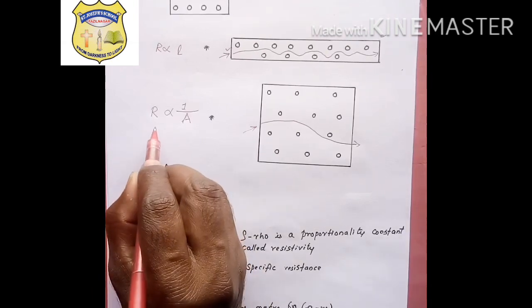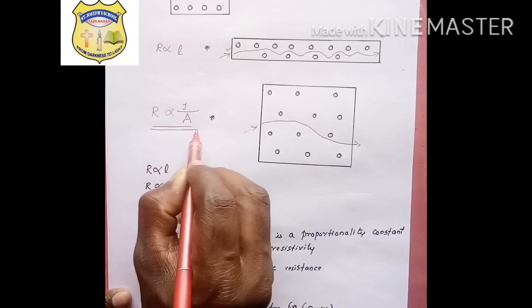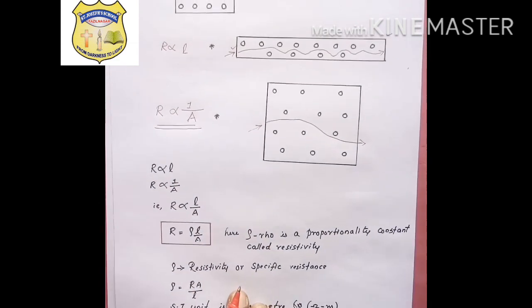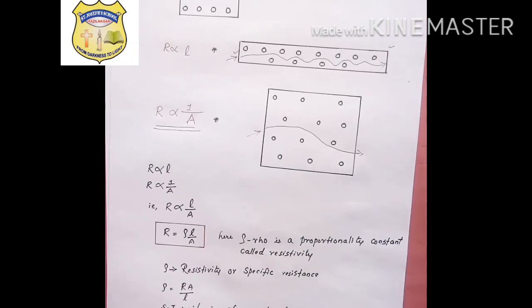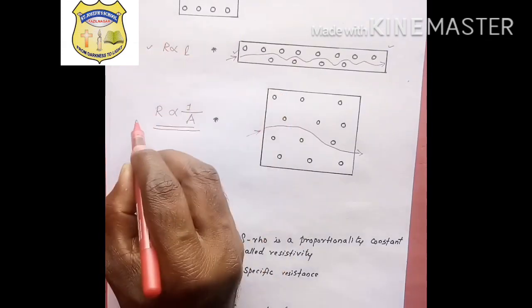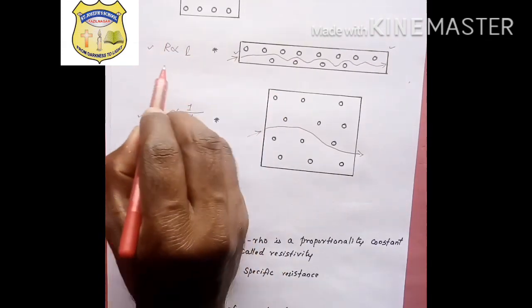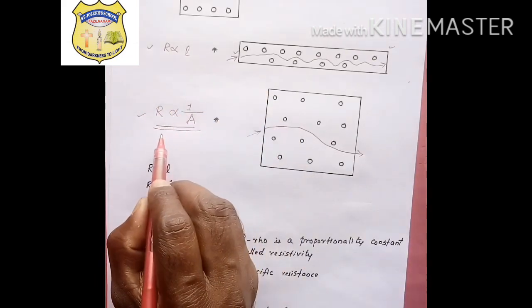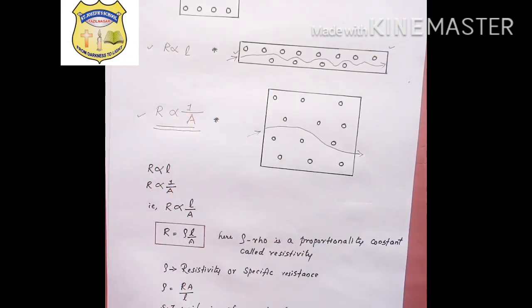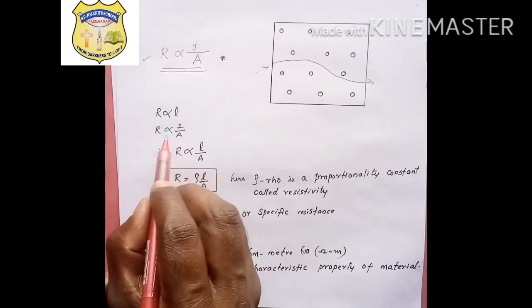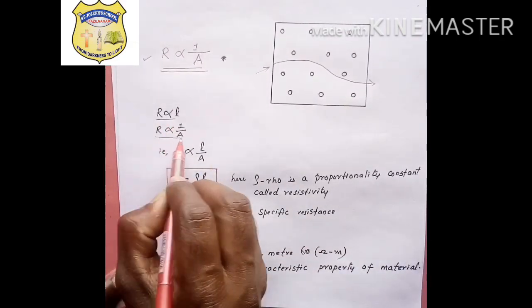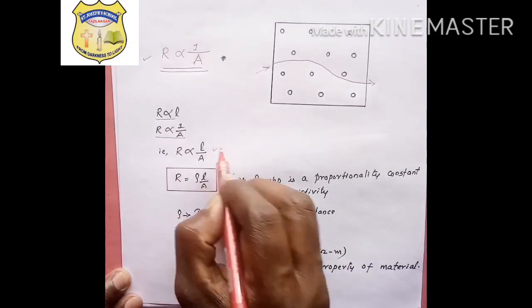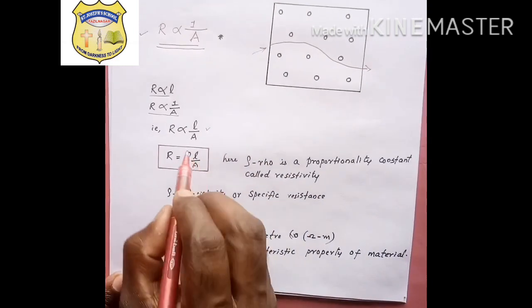Therefore resistance is inversely proportional to area, right? So we can conclude these two ideas. R is proportional to L, that means resistance is proportional to length, and resistance is inversely proportional to area. Therefore we can write R is proportional to L and R is proportional to 1 upon A. Together, R is proportional to L upon A.